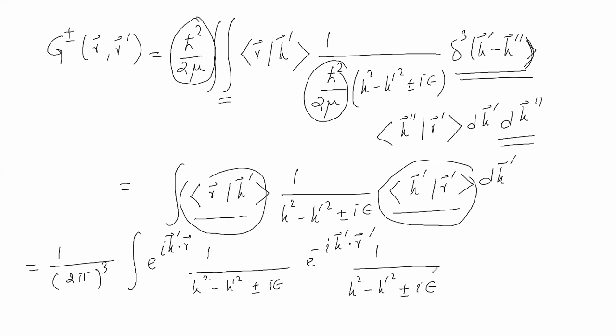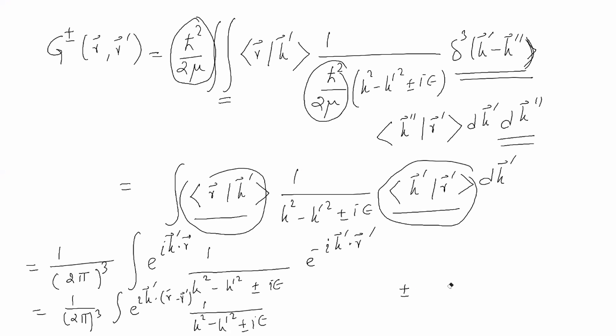Therefore, I can rewrite this expression as 1 by twice pi cube, e to the power i K prime dot r minus r prime, 1 over K square minus K prime square plus minus i epsilon, and this will be dk prime.